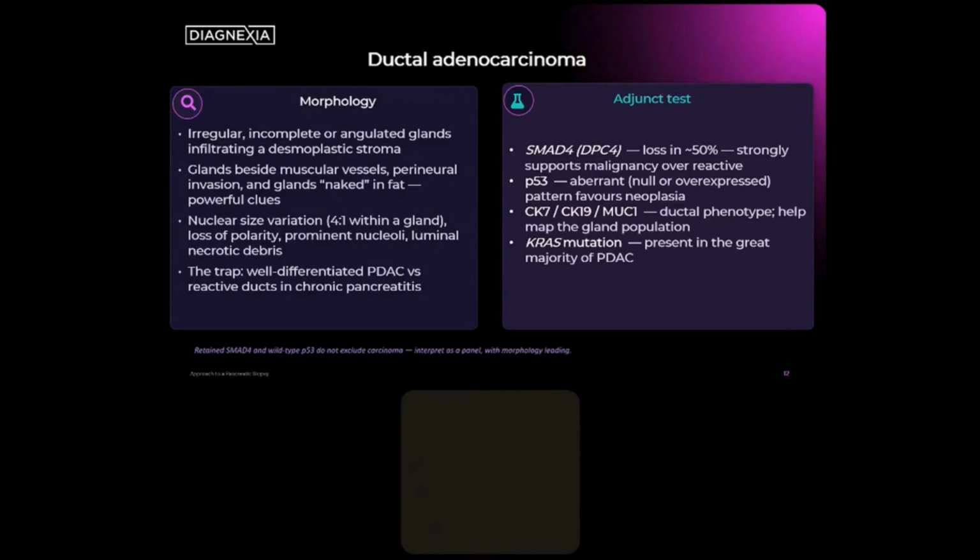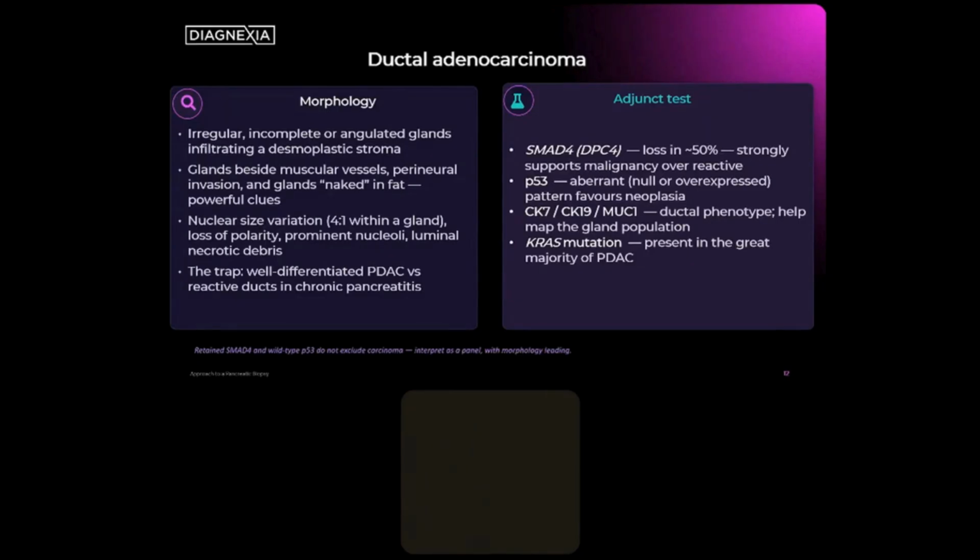Okay, so be careful that in well-differentiated pancreatic ductal adenocarcinomas, you can get reactive changes in it. And sometimes the glands, even in the cancer, are exquisitely well-differentiated. So look for the other features that I've mentioned, the nuclear size variation. If you get hyperchromatic, pleomorphic nuclei with big nucleoli, no matter how well formed the gland is, that pushes you to adenocarcinoma.